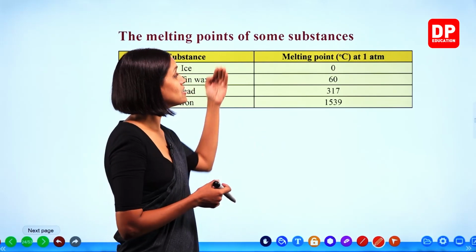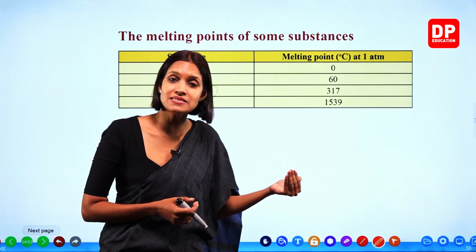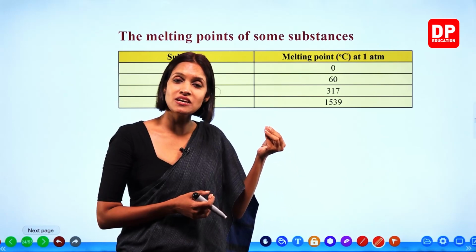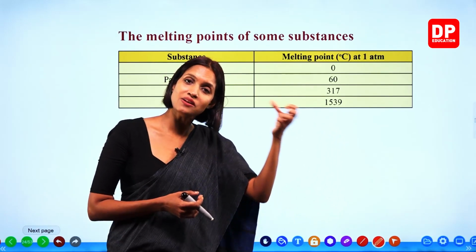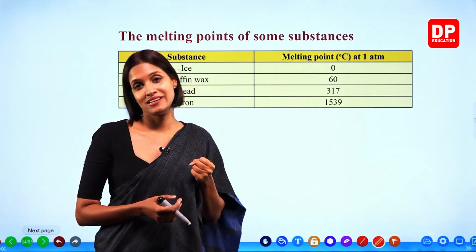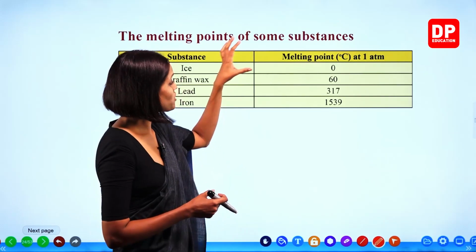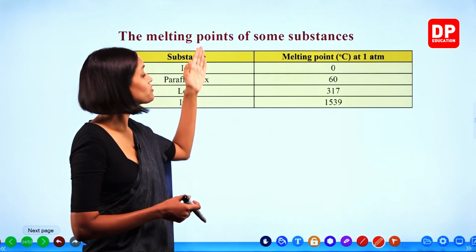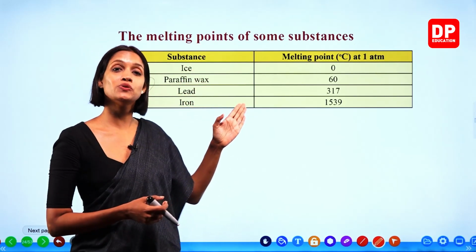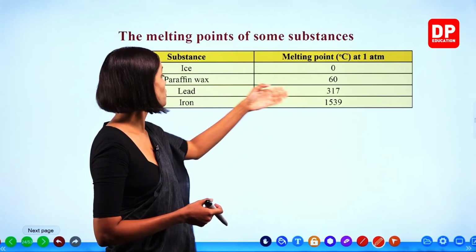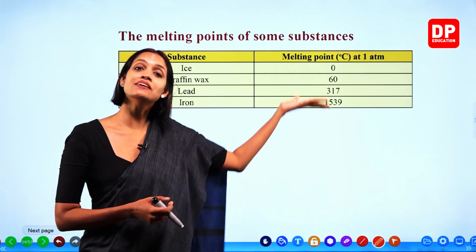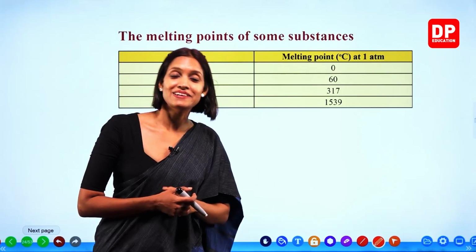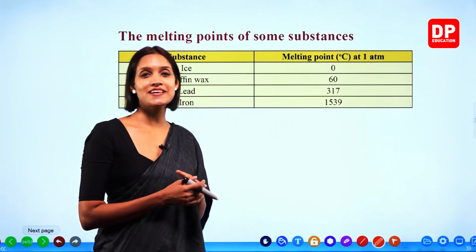Therefore, melting point means the specific temperature at which a certain solid melts, turns to its liquid. So we have to provide more heat means melting point is higher. So after going through this table, I'm sure you understand that melting points of metals are higher than non-metals. Right, children? So we'll move on to the next.